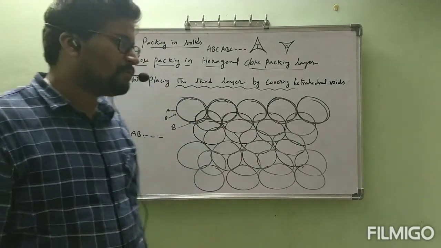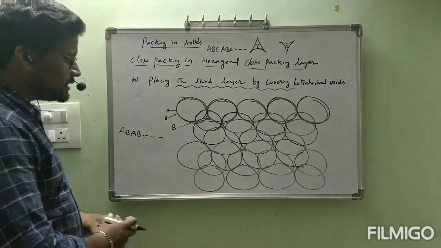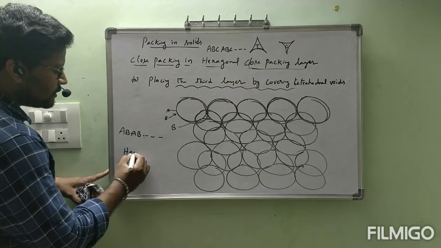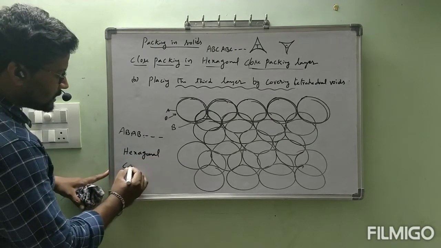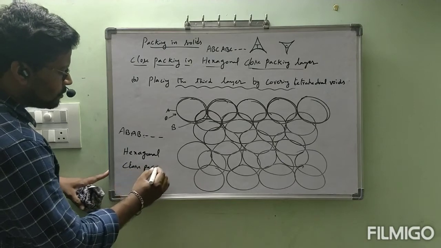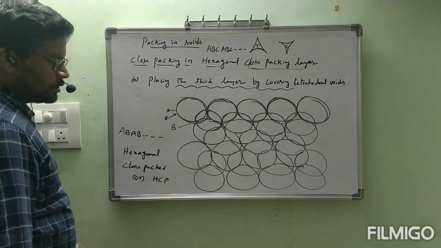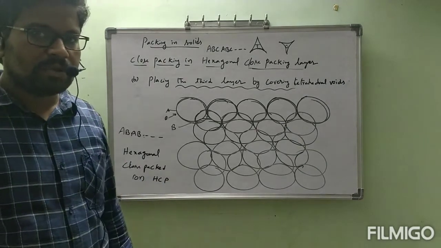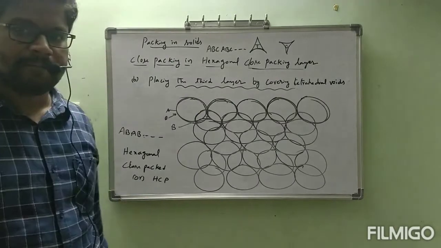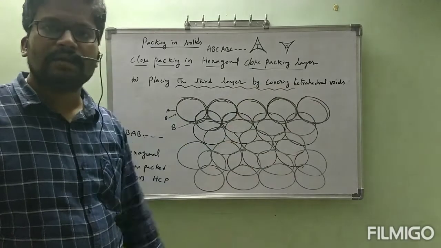This type of alignment is called AB layer repeated, and this is also called hexagonal close packed, or HCP. So we are getting two types of names: CCP or FCC, both are the same, and HCP. HCP is where we are placing the third layer by covering tetrahedral voids.